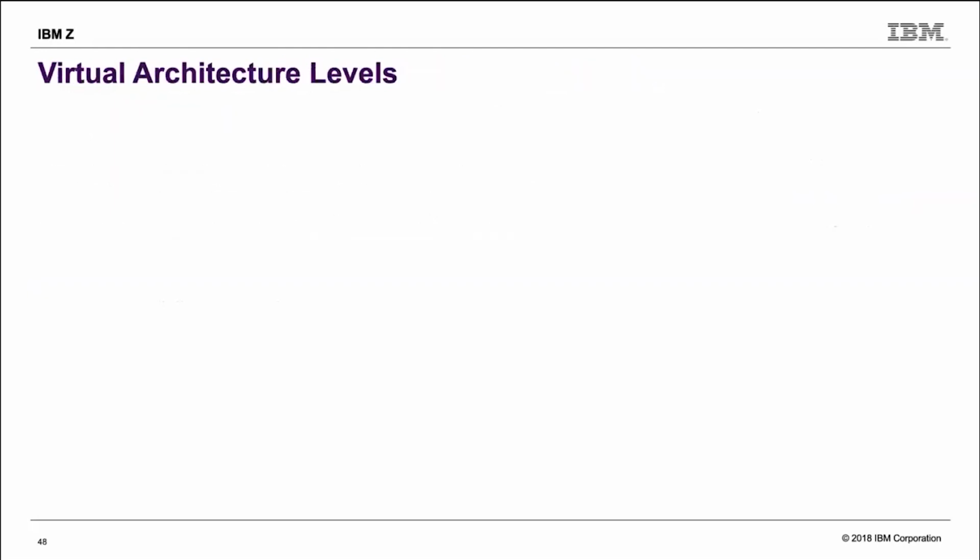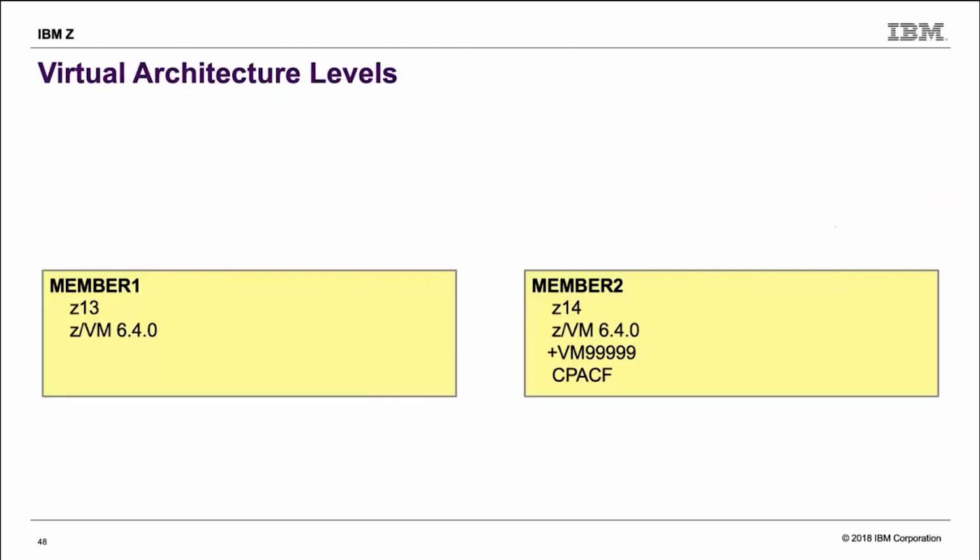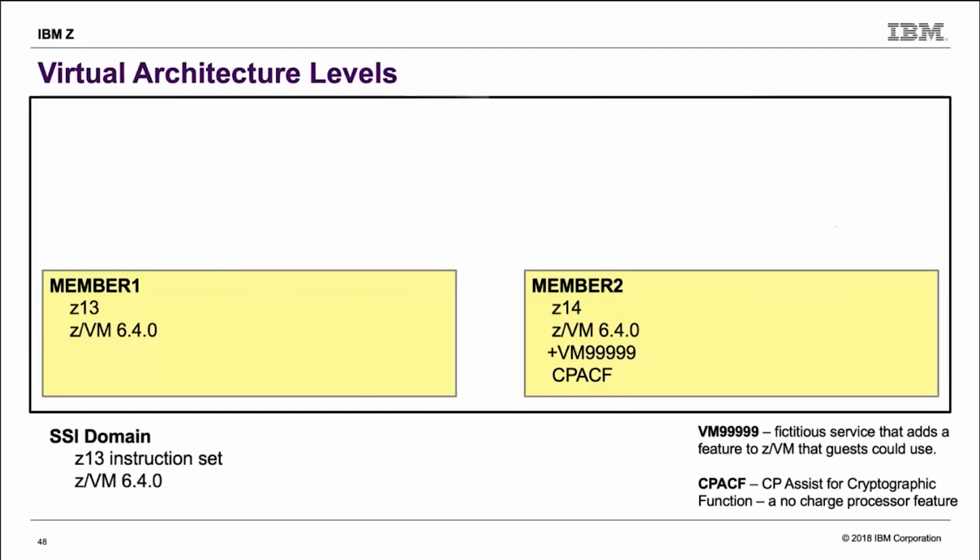So let's walk through a final example of how virtual architecture levels play out during one of our common relocation scenarios. Let's say that we start out with a 2-member cluster, and we're going to have a Linux guest on each. When we look at the SSI domain between these 2 members, we're looking at the z13 instruction set, z/VM 6.4.